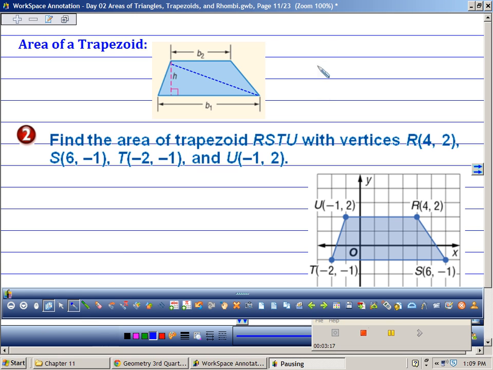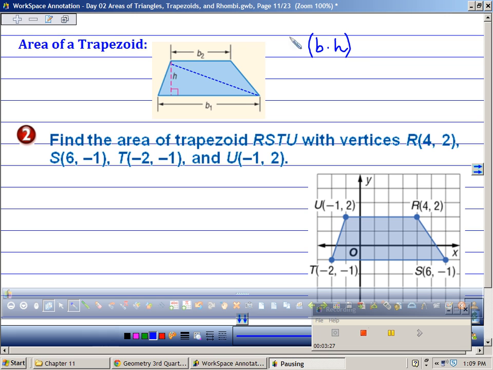How do I find the area of a triangle? Isn't it base times height, half of that, right? And don't I have two triangles here? So the first one would be that base 1, and the second one would be base 2 times height.